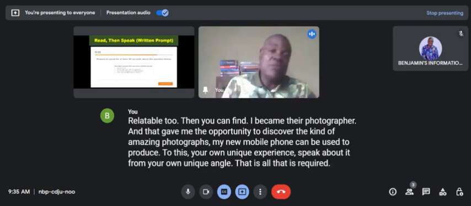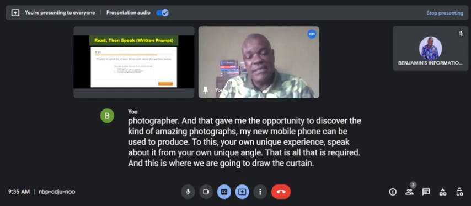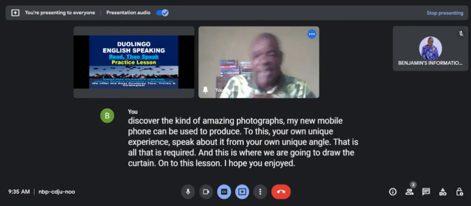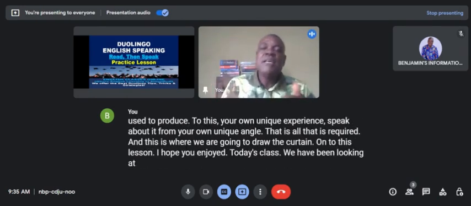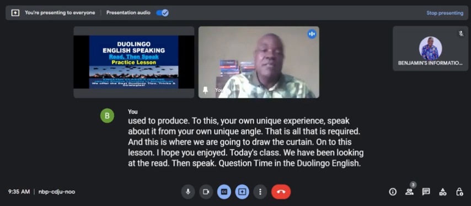And this is where we are going to draw the curtain on today's lesson. I hope you enjoyed today's class. We have been looking at the read, then speak question type in the Duolingo English speaking test.